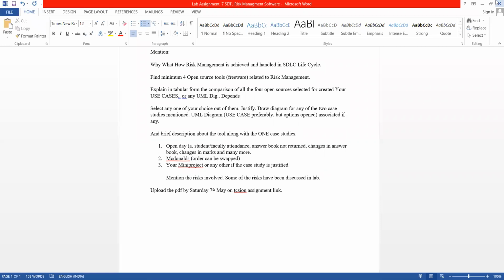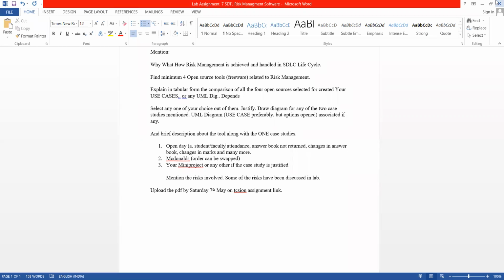Okay, basically we have mentioned in the marking scheme what is expected, and also before every paper we tell you how to solve. And basically SEPM was a theory paper, so in a theory paper it is expected that if you want to score full marks, then you need to have a diagram, you need to have an example, and you need to have a description.